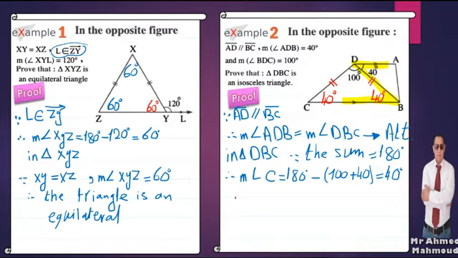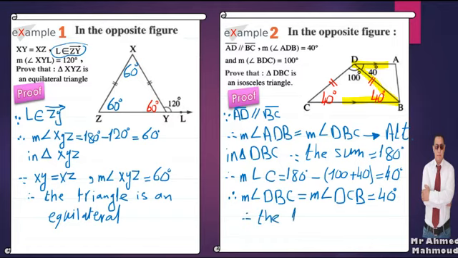Therefore, the measure of angle DBC equals the measure of angle DCB equals 40 degrees. Therefore, the triangle is an isosceles triangle.